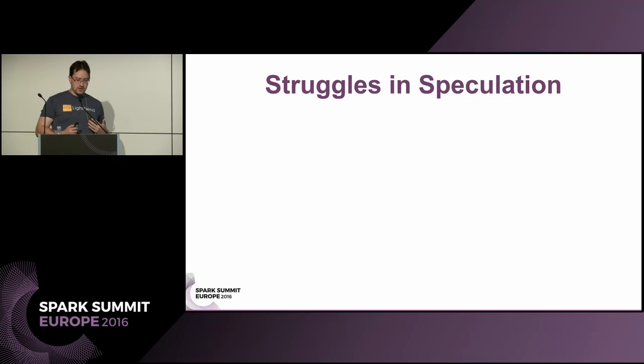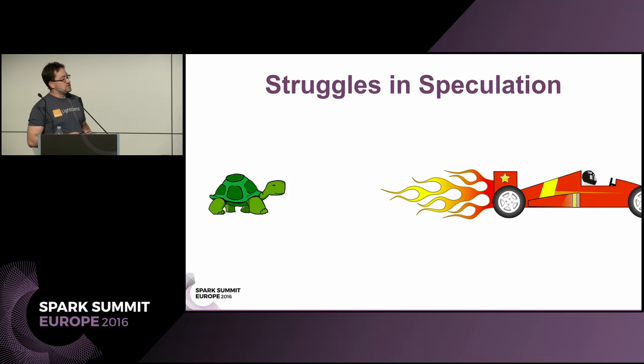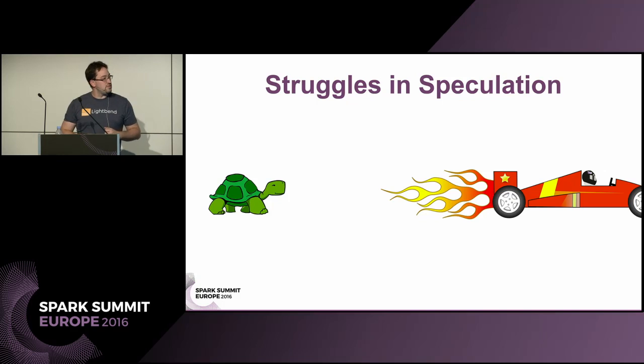So they wanted to figure out how to use speculation. The goal with speculation is if one of your nodes is running slow, you want to kick over to another one that's going to burn rubber, pass that one up, and return it before the slow one returns, and even out.